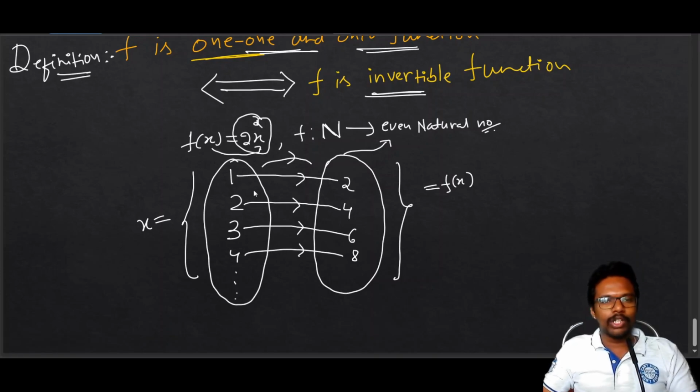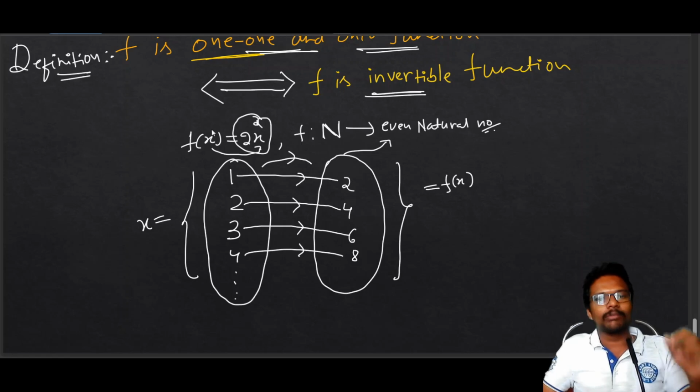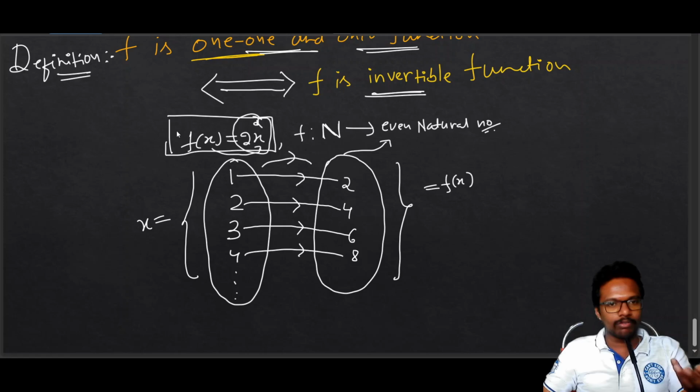If you put in 2, you get 4, because in the example we have taken, f of x is 2x. Whatever the input, it is going to double in the output. Similarly, they are all doubles of x, and those are nothing but f of x.